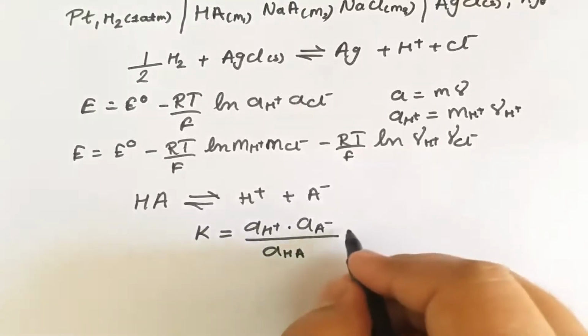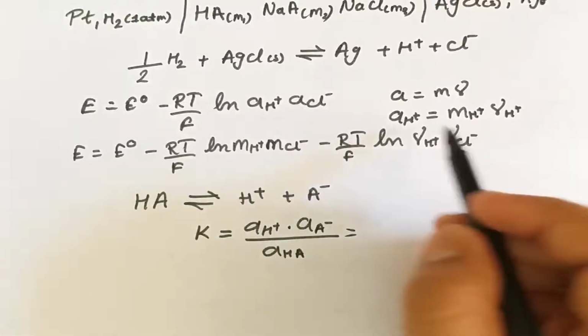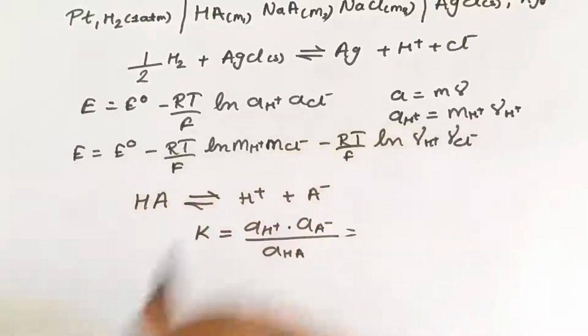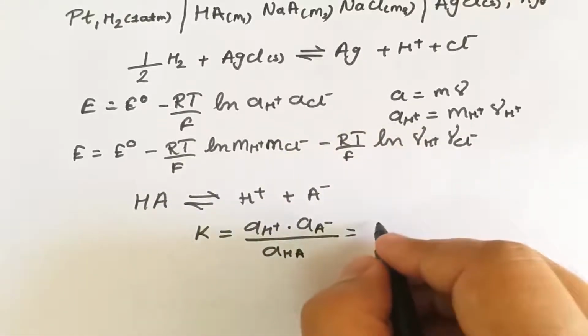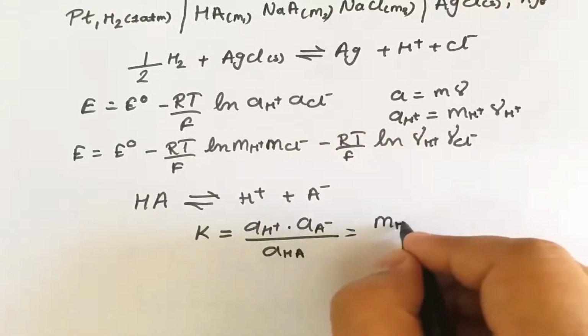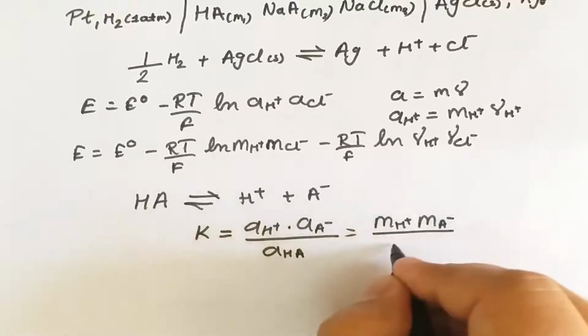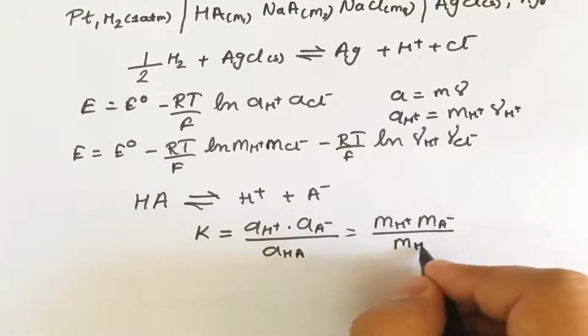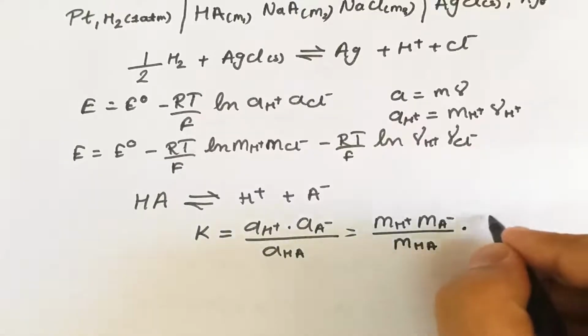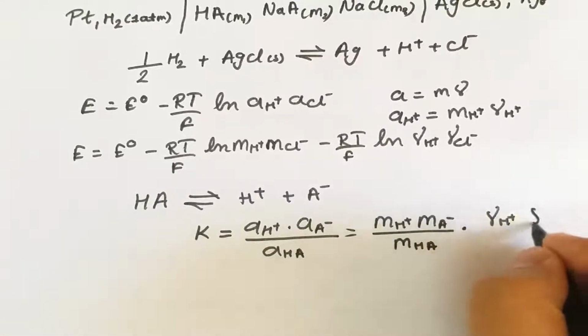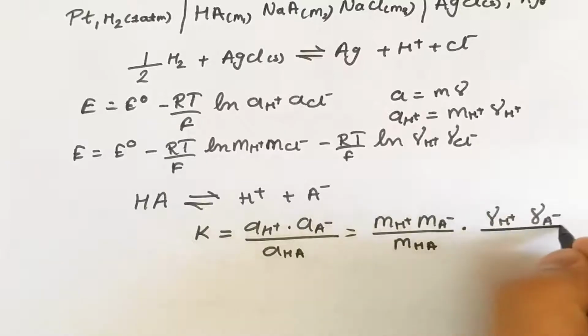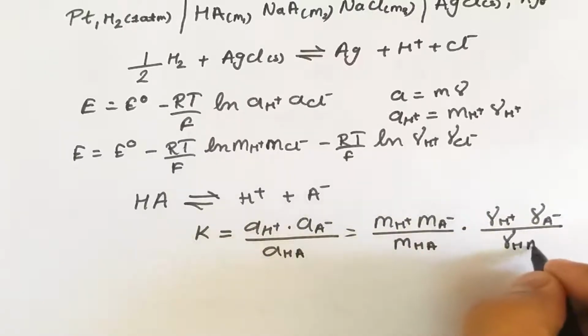And further we know that activity can be represented in terms of concentration by this relationship, and hence I can write molarity of H plus into molarity of A minus upon molarity of HA, into gamma of H plus into gamma of A minus upon gamma of HA.